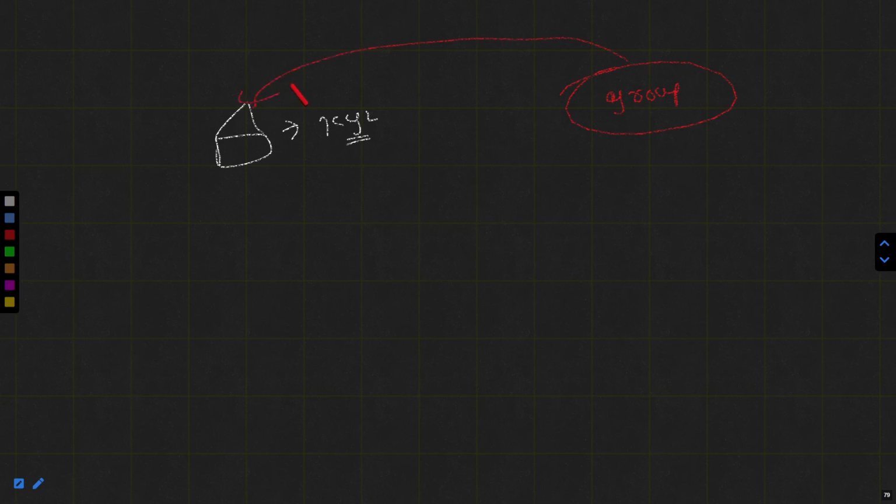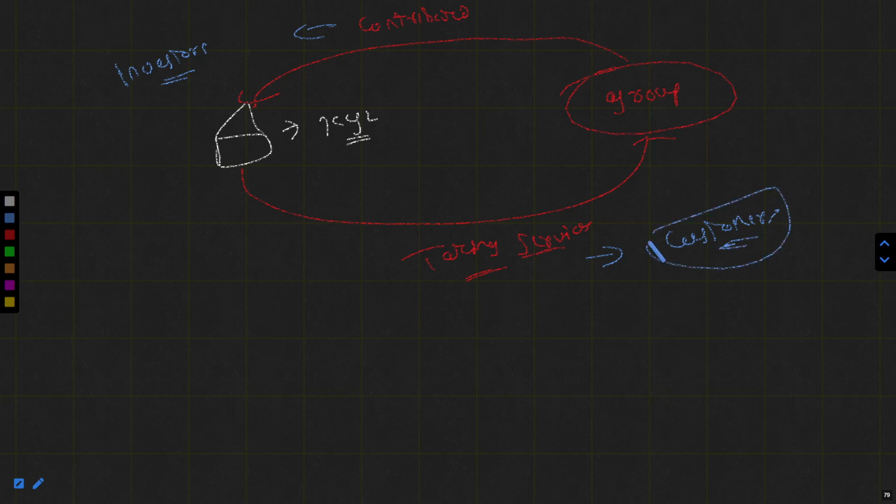The group contributed the money and the group takes the services. In such cases, when they contributed, they became the investors. And when they are taking such services, they became the customers. Okay, but ultimately the stakes or the money contributed to the XYZ belong to this group.